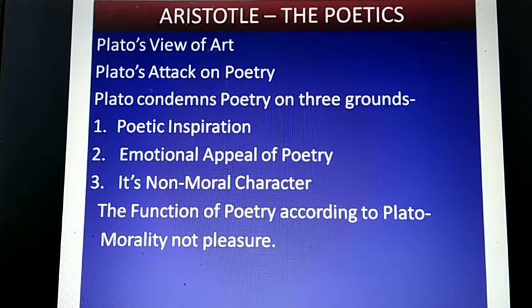Now, art, literature, painting, sculpture reproduce things as a mere pastime, the first in words, the next in colors, and the last in stone. So it merely copies a copy. It is twice removed from reality.